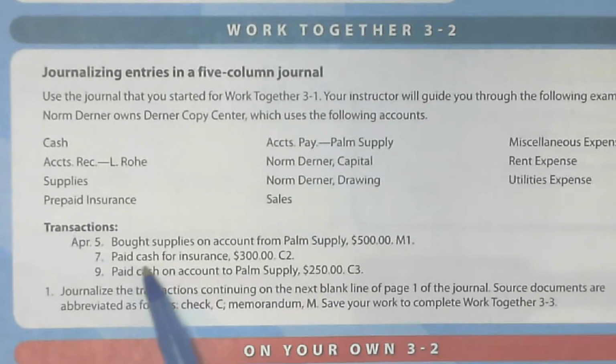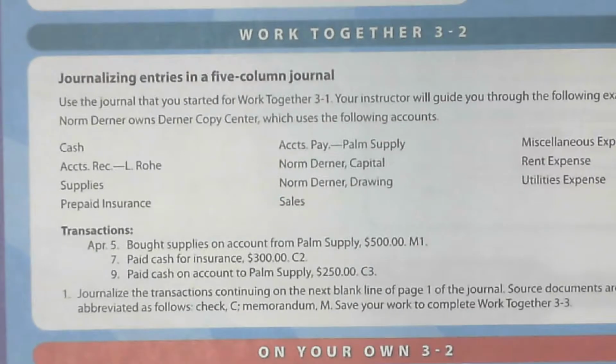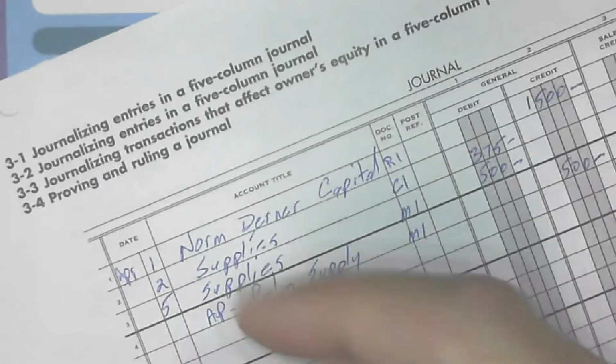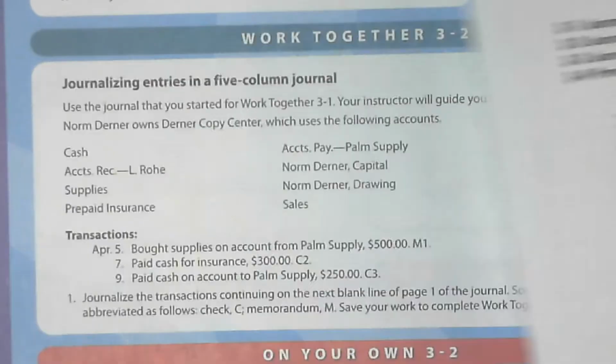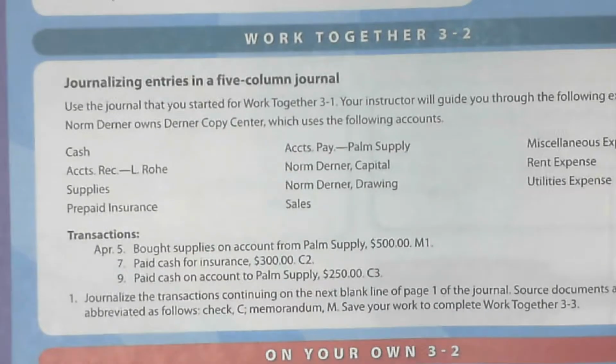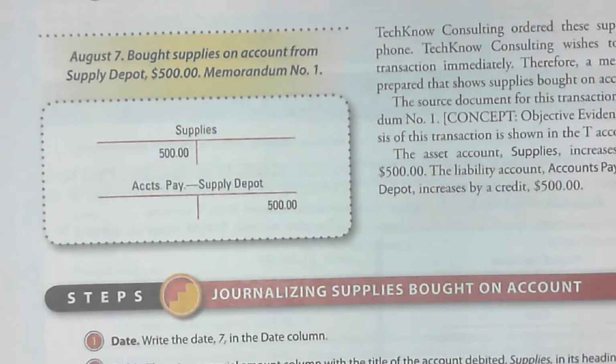So now on the 7th, we paid cash for insurance. Go back to our example.